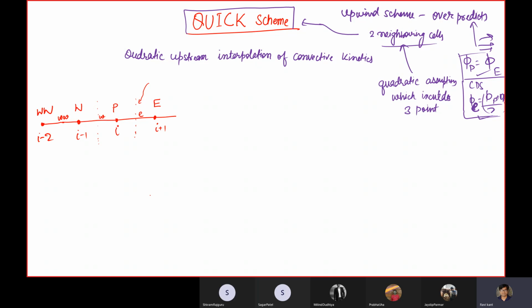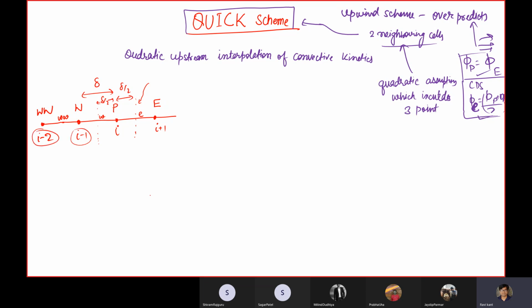The distance between two intermediate nodes is, let's suppose, delta, and this is delta by 2. It is kind of a homogeneous node arrangement.